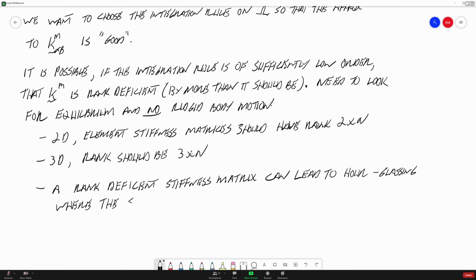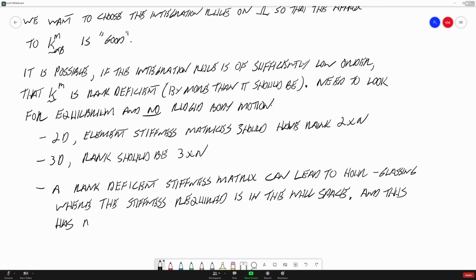Where the stiffness required is in the null space, and thus has no stiffness.